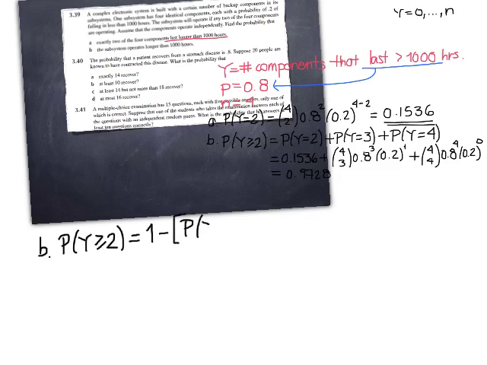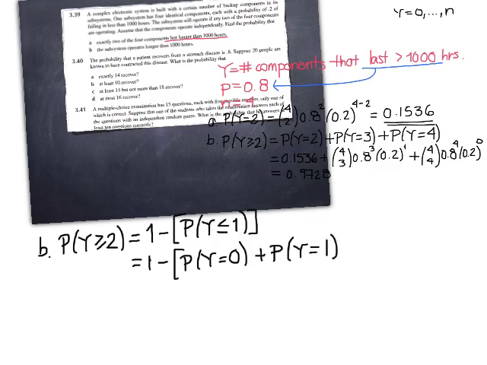And the complement is y less or equal than 1. So this is going to give you the same result if you do the probability of y equals 0 plus the probability of y equals 1. So here you just have 2 terms. However, in the first option, we already have y equals 2. So this is going to give you the same result, and you can verify this.